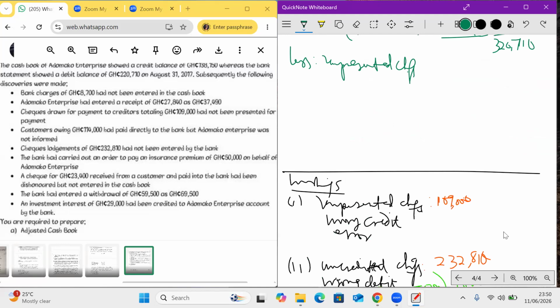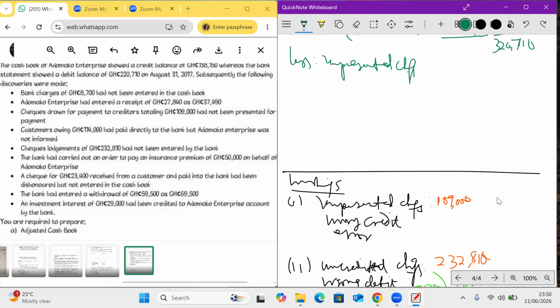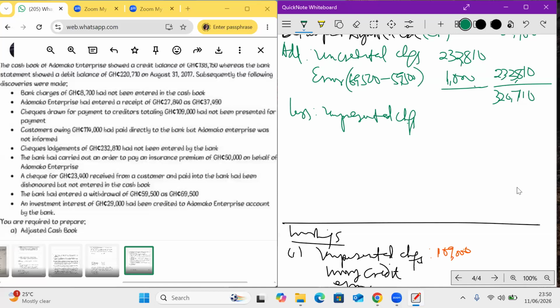Unpresented check, if you have a figure, look at it. Hey, you wrote something I didn't. 10,900. So less that, what do you have?